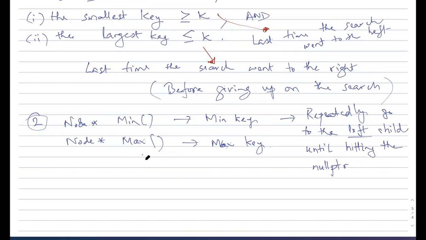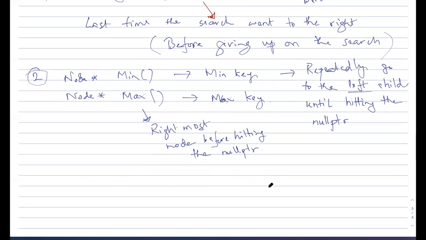And likewise, for max, this is going to be the rightmost node before hitting the null pointer. All right.